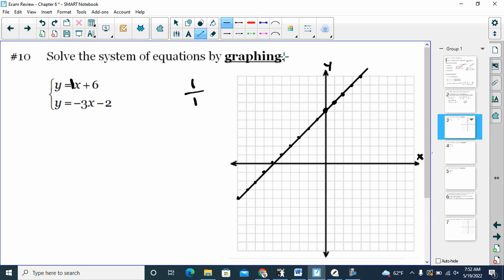So we've got our first line. The second line, y-intercept is -2, and the slope is -3. That's down 3 over 1. Looks like it's going to cross over here somewhere. Let's continue to go up 3 and left 1, and note that those are on the same line.